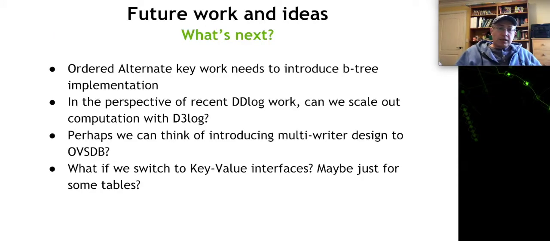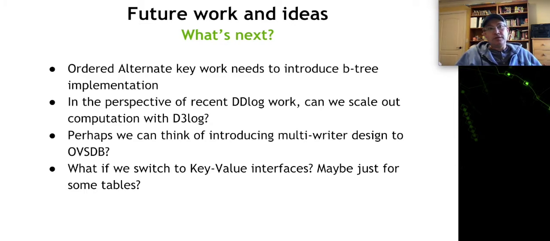So what's next? Alternatively to what we have today, we can figure out whether we need an additional implementation of B3 or not for ordered queries. Also, from the perspective of the recent DDlog work, once we have that throughout, we can scale computation with DDlog, right?